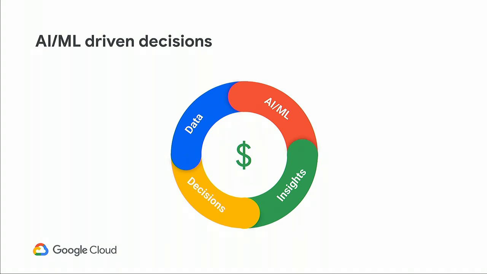For many of us, data is the lifeblood of our company, and we want to convert data into meaningful information, actionable intelligence. AIML is the engine that helps us convert the data into actionable intelligence. And with the actionable intelligence, we can make better business decisions and drive actions in our organization.